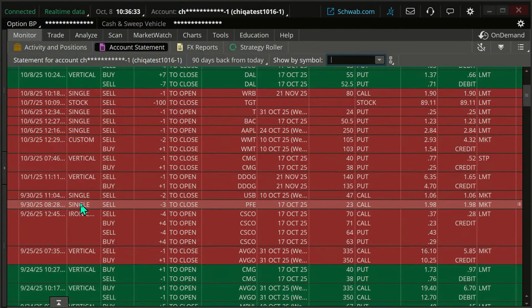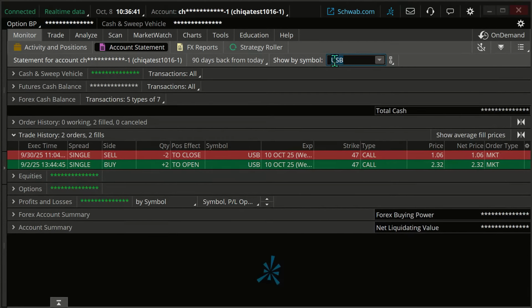And so USB, for example, we got stopped out, I think, if I remember correctly. We bought it originally for $230 per contract, 2 contracts. Sold it for $106 per contract. So you take some lumps along the way, and we got stopped out of that one. All right. So that happens.